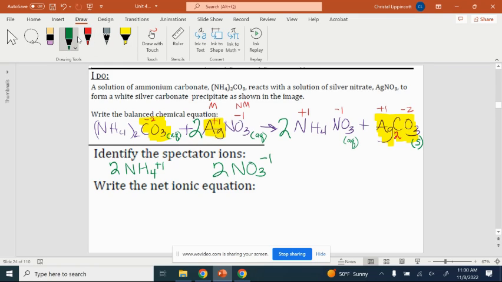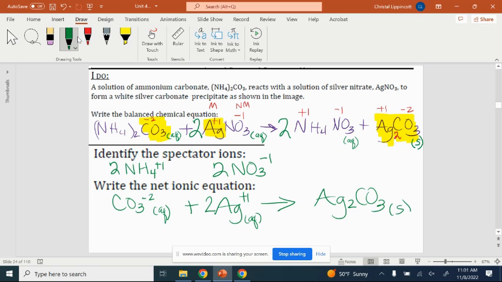So I'm going to have CO3 -2 plus Ag, and I got 2 of those, +1, and that's aqueous. And then that's coming together to form my solid. This is all that's changing. So that's your net ionic equation.